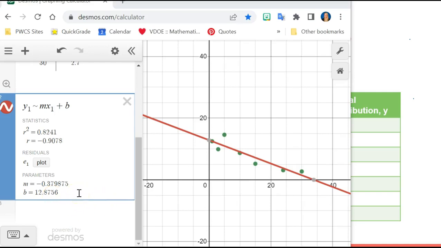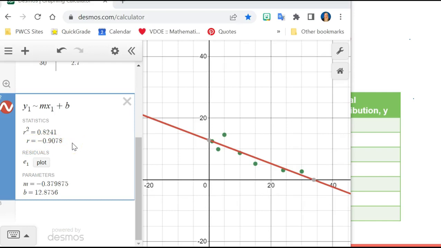So my equation would be y equals negative 0.38x plus 12.88 if I rounded those things. All right, so that would be the equation that describes this relationship. And then the r value is negative 0.9078. Negative 0.9 is very close to negative 1.